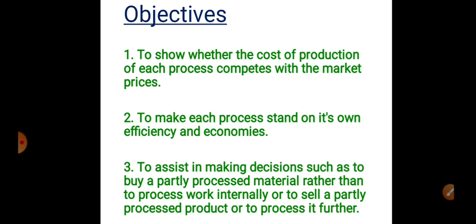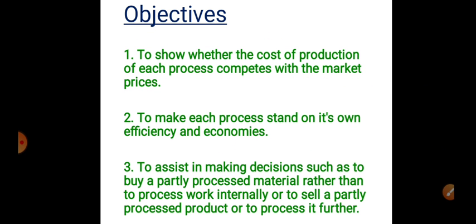Sometimes we are buying partly processed materials from the outside, not pure material. Some materials are already converted a little bit, and that type of material we are purchasing from the outside.